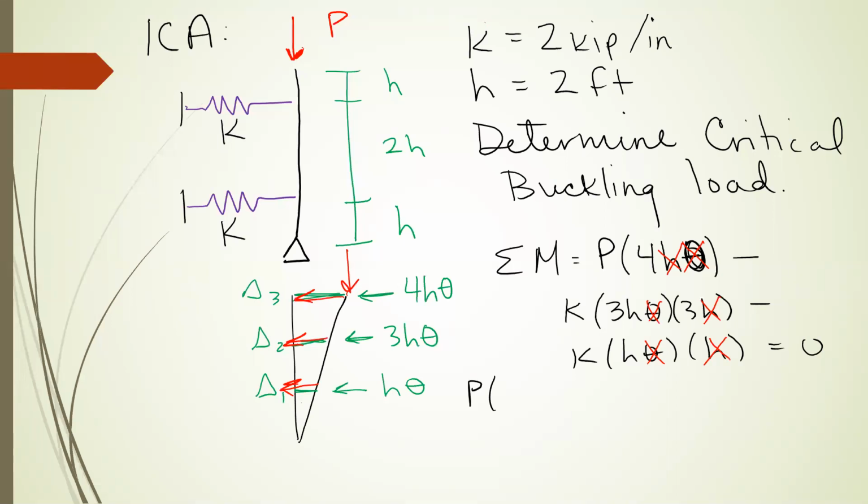So that's what we're left with. So we have P times 4 minus 9 times K, which is 2, and H, which is 2. 9 times 4, that's 36, right? And then minus K, which is 2, times H, which is 2. So that's minus 4. That equals 0.